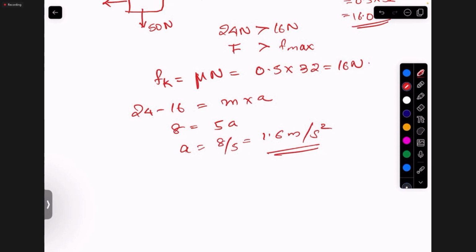So if there is an external force to counter the weight, then the force being exerted on the surface in contact with the block will be lesser than the weight of the object. That's why you have to always consider the normal reaction.